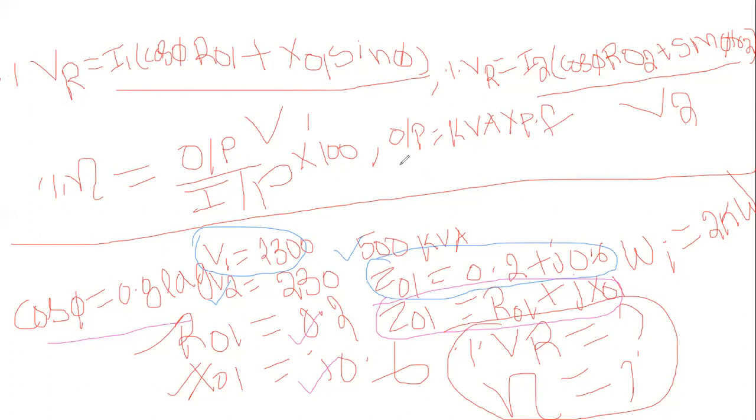Next, what is the input formula? Input is equal to output plus total losses, that is kVA into power factor plus total losses.